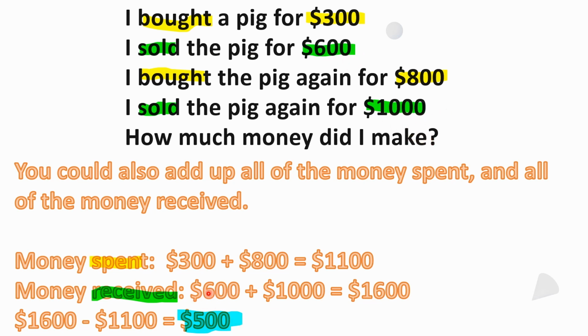So you can add up 600 and 1,000. That's how much money was given to me. That adds up to 1,600. So all you really have to do is subtract how much money came in minus how much money went out, and that's 1,600 minus 1,100 equals $500. So once again, I made $500.